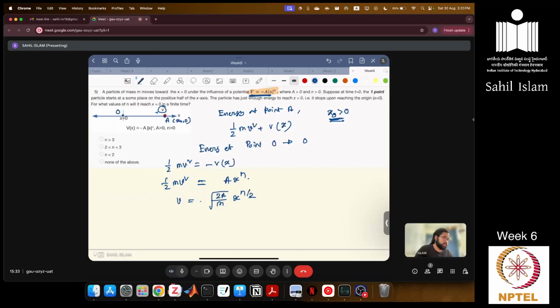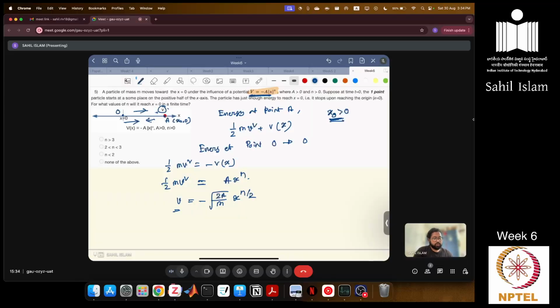So why are we taking the minus sign? Because velocity is in this direction and positive x is in this direction, that's why we are taking the minus sign. If we take plus sign, then we have to reverse the coordinates, so we have to make velocity along this direction and integrate.